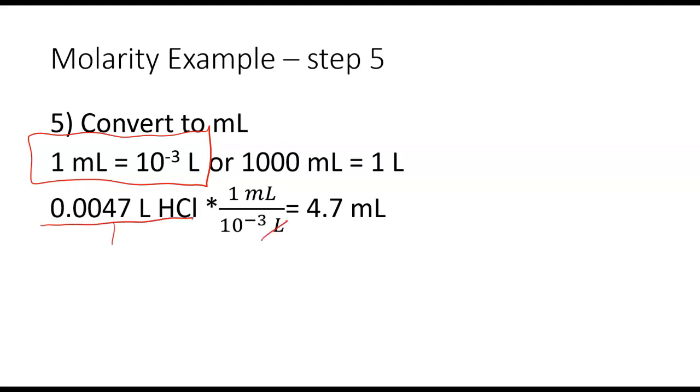My liters are going to cancel out, and I get 4.7 milliliters of 6 molar HCl. I know it's a lot of steps for this type of problem, but if you track and label very carefully, then you can make sure that you are including all of the steps and doing it very precisely throughout.